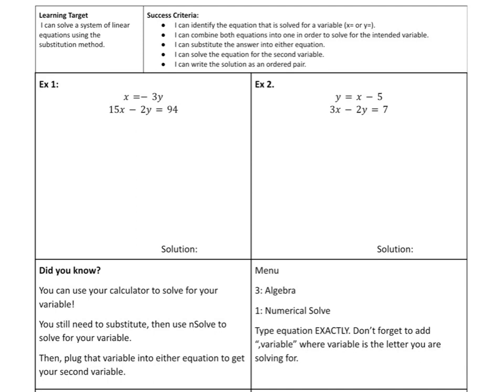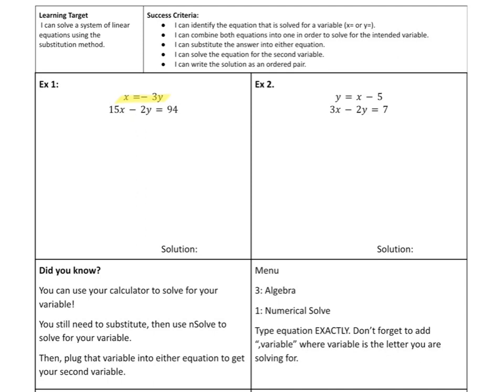So example 1, it says x equals negative 3y and 15x minus 2y equals 94. In this case, we have an isolated variable, which is the prime time to use substitution, right? We have an x equals right there, and x equals negative 3y.